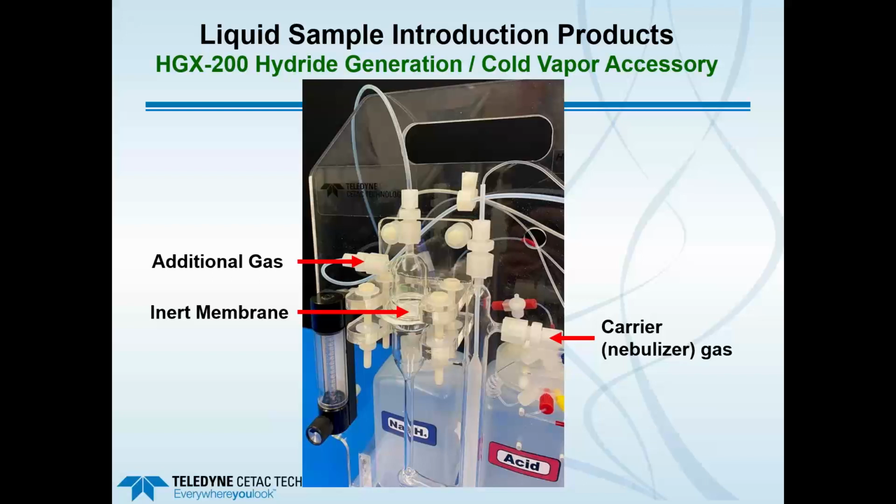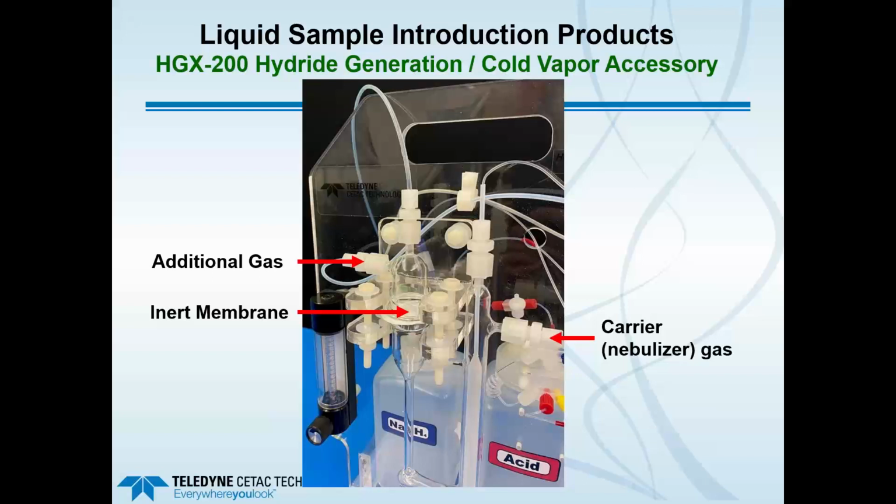Another close-up picture. Here you can see a little bit more detail of the flat disc shape of the inert membrane. Okay? That's giving us a little bit of a buffer then between the ICP or ICP-MS torch and the reaction and the gaseous byproducts that are going on inside the gas-liquid separator. But then importantly, you see the input of the two gas flows into the HGX-200.